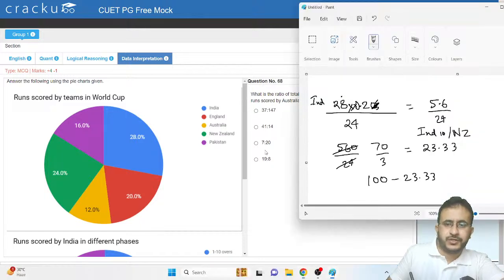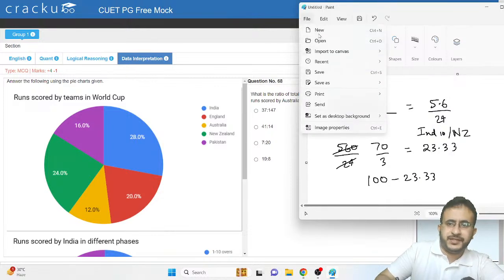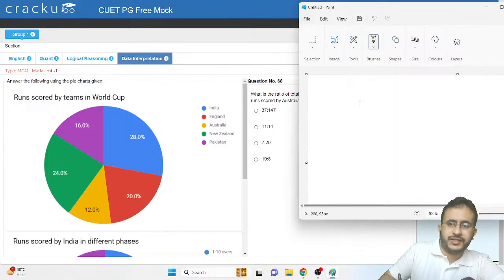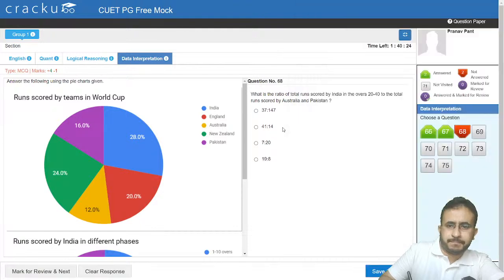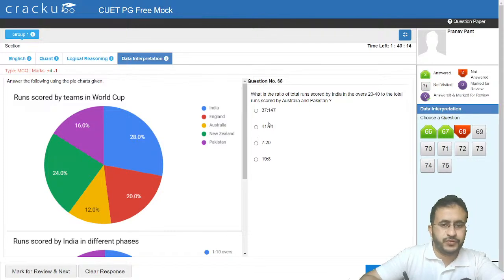Next is, what is the ratio of total runs scored by India 20 to 40, Australia and Pakistan? So Australia and Pakistan, again, we do not need the total runs in this, right? India in 20 to 40. Now if we use options, maybe we can get it. Let's understand whether we should use options directly or actually solve it. This way you can reduce your time.